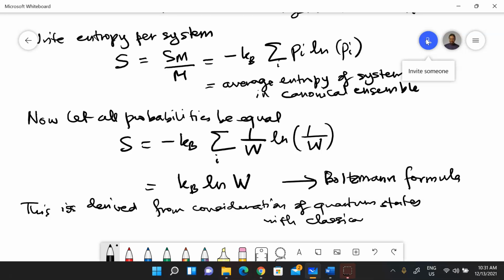So even though they look the same, it has a different underlying reasoning from the one given by Boltzmann. So that sort of finishes one section.